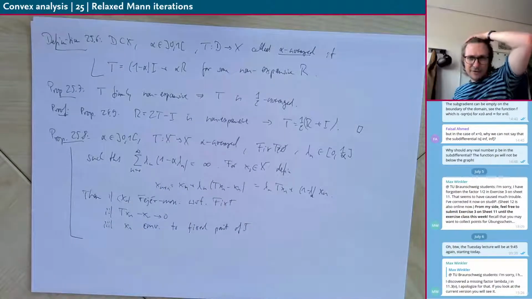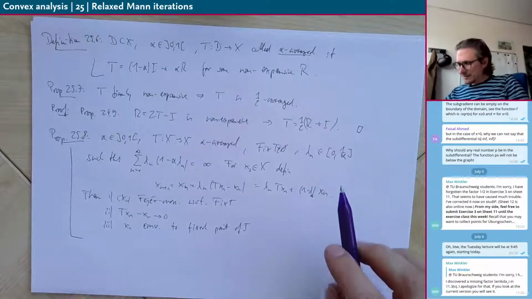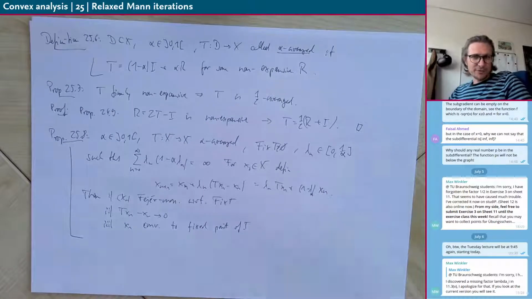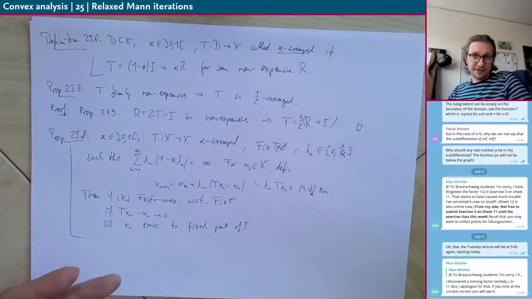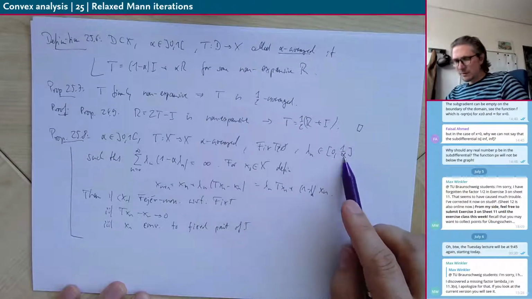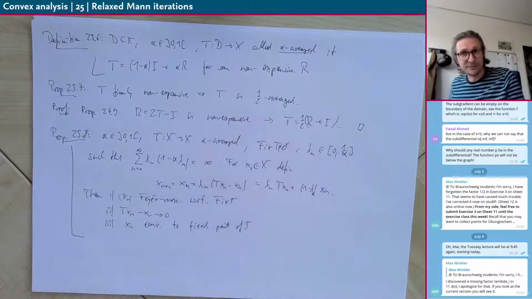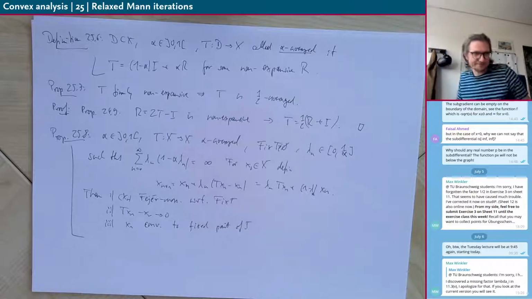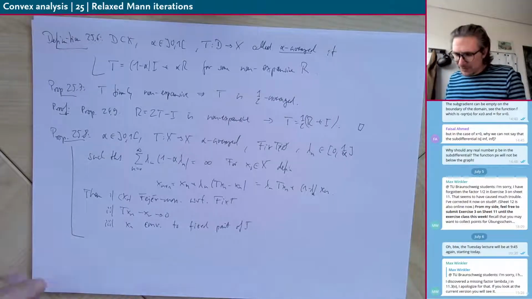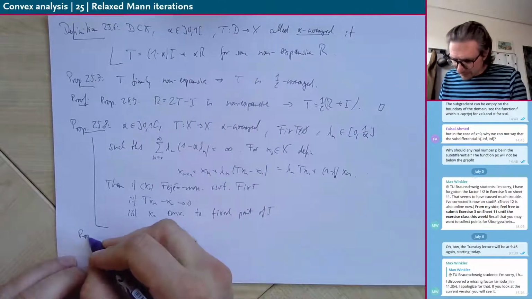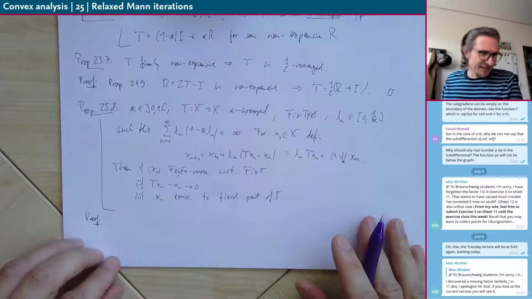So alpha averagedness helps us in that we can have a larger range for relaxation, and even over-relaxation. If this 1 over alpha is strictly larger than 1, which it is, we could make lambda n even strictly larger than 1, so we can over-relax. And we'll see that sometimes this is really helpful. Okay, let's prove this and see where this alpha averagedness can help.